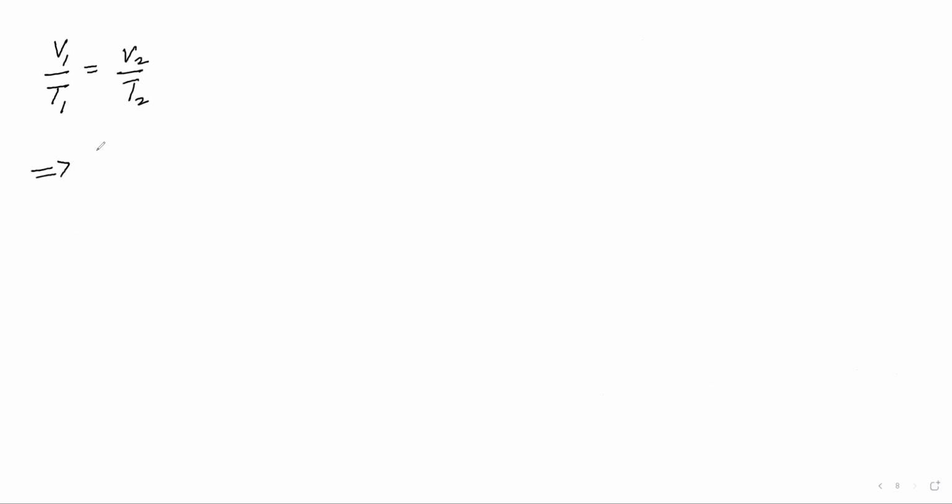And from here, volume upon temperature is a constant. And if it is a constant, what is the relation? Volume is equal to constant into temperature. Volume is directly proportional to temperature.